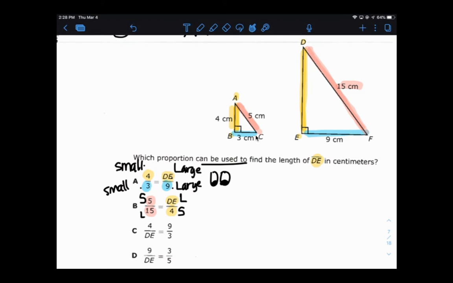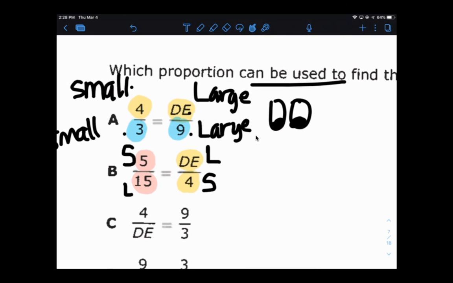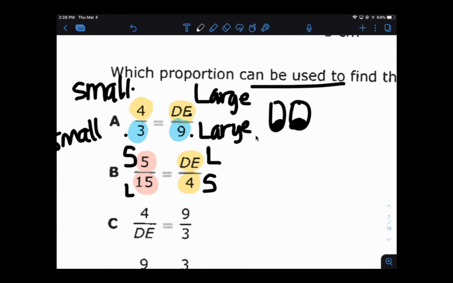I think here they have a little problem because they do not have small with small and large with large. And to set up a proportion correctly, we need to be very careful of having our corresponding sides lined up. It looks like it's correct here, right? But then here they switch them. So this makes this answer choice incorrect.